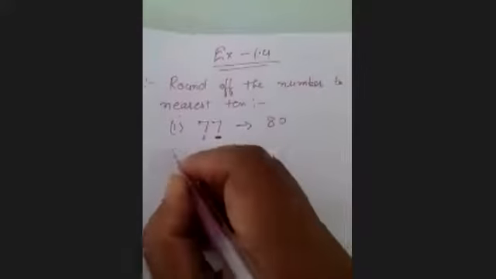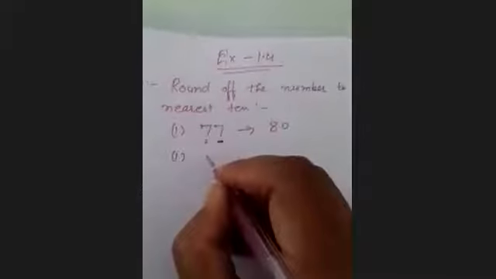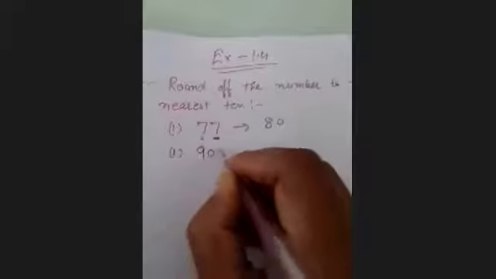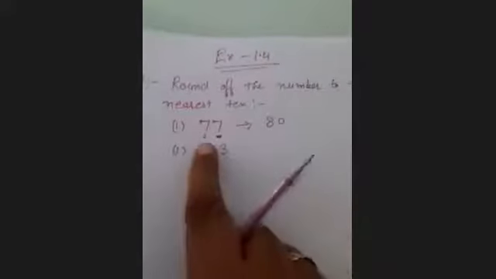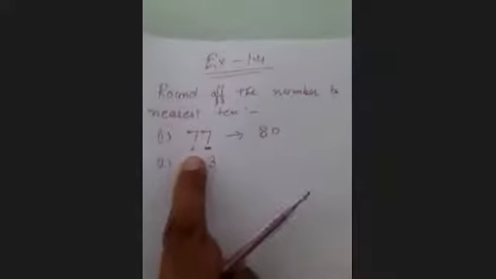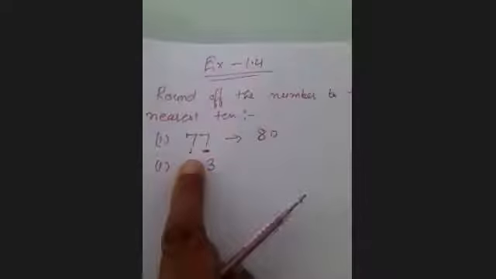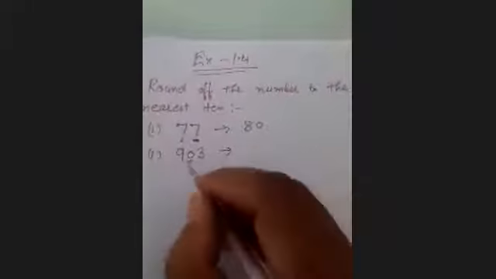Second is 903. Ones, tens. Now put your finger on this number, and the next number is 3. So the nearest value will be 900.